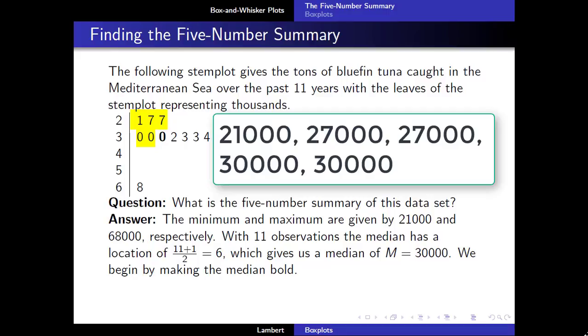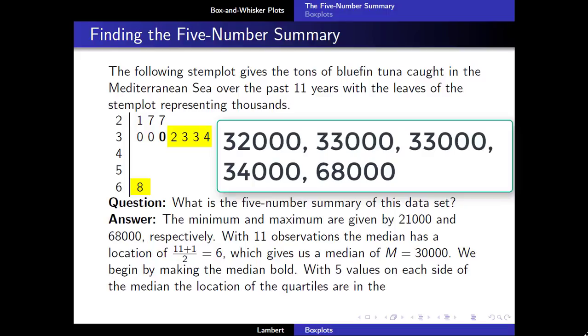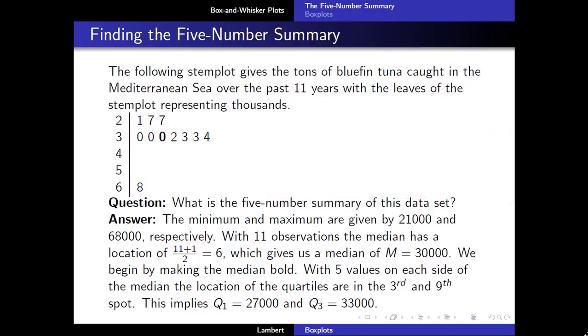So 5 plus 1 is 6, and we divide it by 2, so it would be in the third position. That would give us 27,000. Similarly, we can look 3 from the median on the right-hand side, and that would be 33,000. So we have it located in the third and ninth spots. So 27,000 and 33,000 are our first and third quartiles.